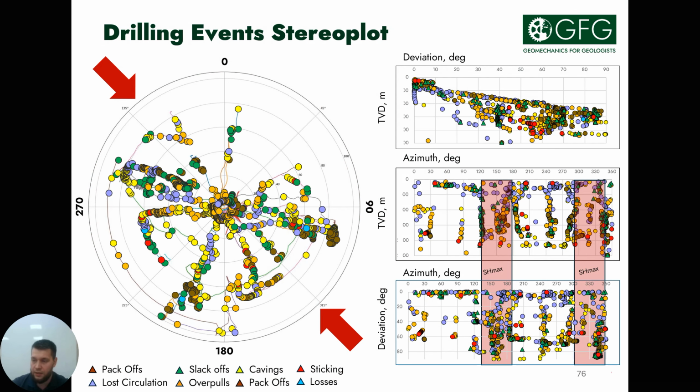Also, to estimate the position of drilling events relative to azimuth, deviation and vertical depths, it's possible to build stereoplots as well as separate 2D plots between depths and deviation, depths and azimuth, deviation and azimuth. As can be seen in the 2D graph on the right part of the slide, the largest number of drilling incidents occurred in the direction of maximum horizontal stress.